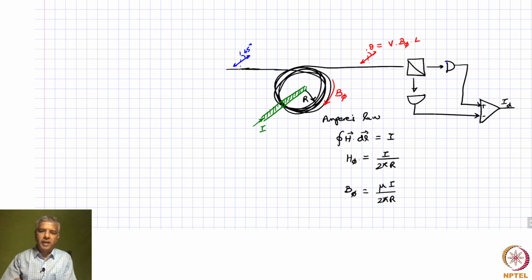It will all cancel out, and what remains is the non-reciprocal Faraday-effect-based rotation, and that is what you can measure. That is what is called the reflective, or reciprocal, reflectometer configuration, and that's something we will look into in more detail in the next lecture.